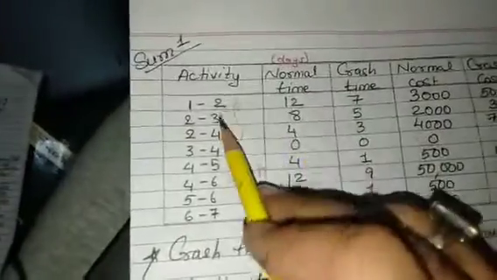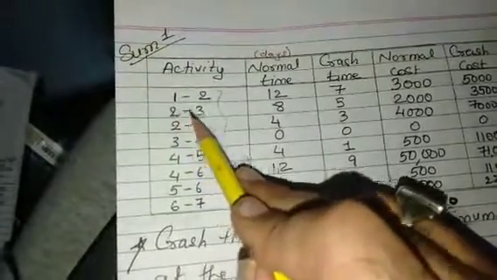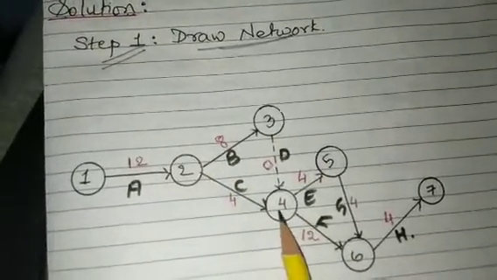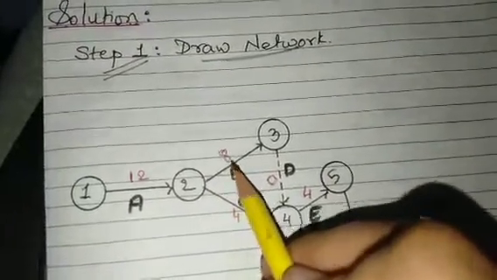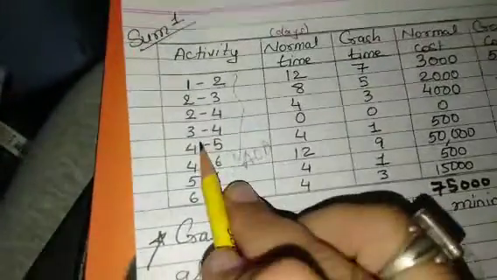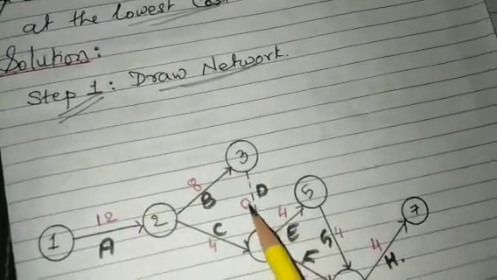Similarly, second is 2 to 3 and 2 to 4, so 2 becomes the predecessor for 3 and 4. Again we write the times, that is 8 and 4. After that, 3 to 4, we join it and its time is 0.